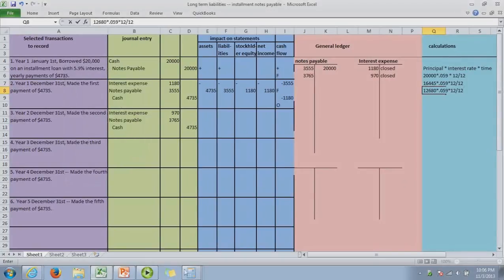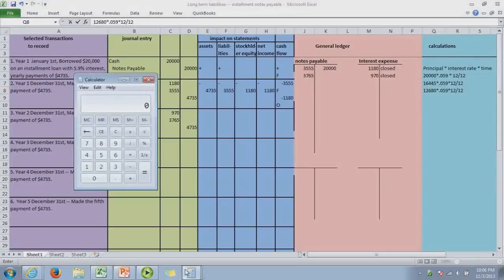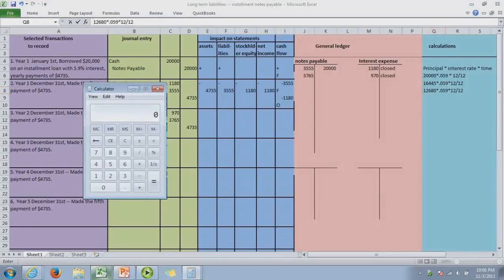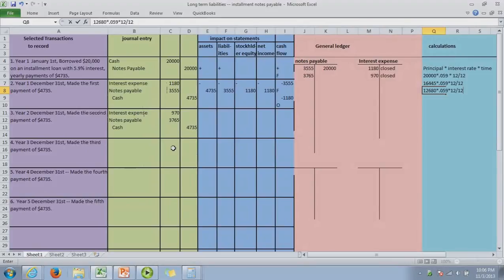I just lost my calculator. Okay, 12,680. Numbers lock came off. 12,680 times 0.059. And again, 12 over 12. So that's 748. Okay, so 748.